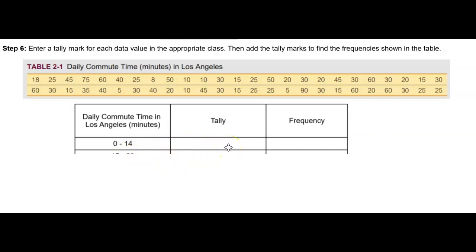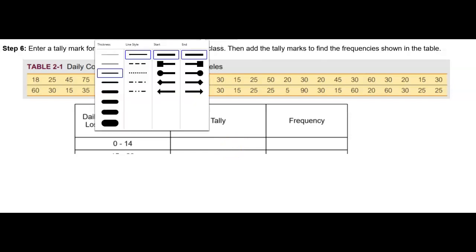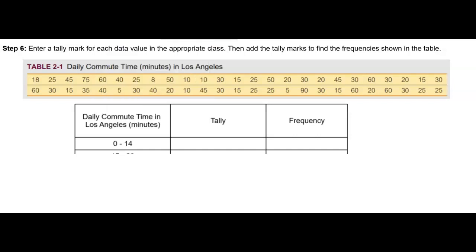So if we go down here, there's 1, 2, 3, 4, 5, 6. So there's 6. So we have 6 tally marks, and we say that there's 6 in that class.